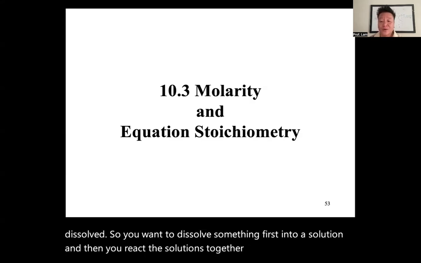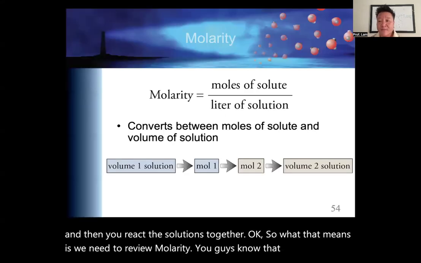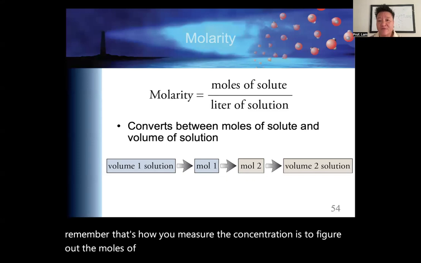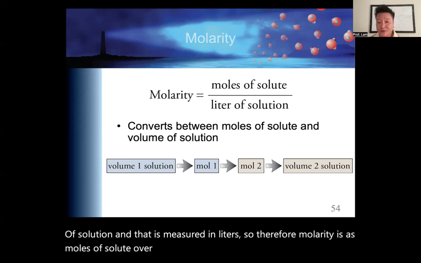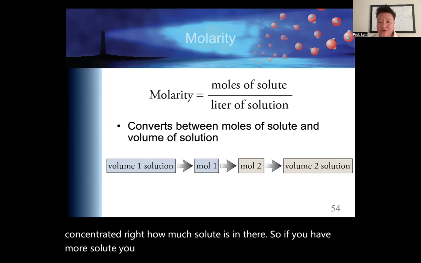Okay. So what that means is we need to review molarity. You guys know that already, but remember that's how you measure the concentration: the moles of solute in a given amount of solution, measured in liters. So molarity is moles of solute over liters of the entire solution. It tells you how concentrated it is, how much solute is in there. If you have more solute, you have a higher concentration than if you have a smaller amount of solute.